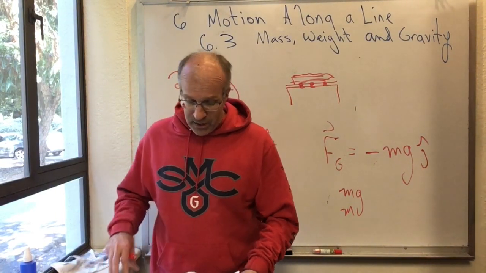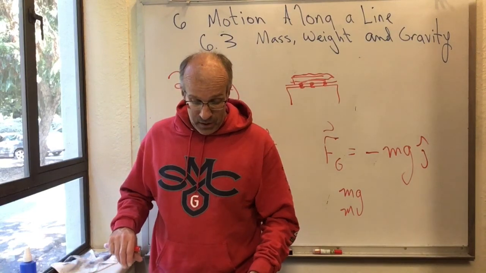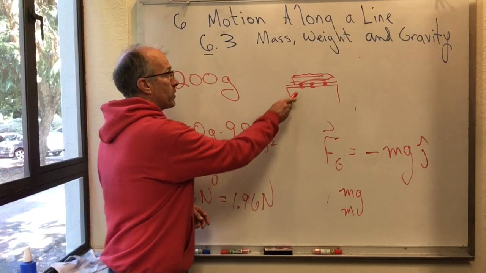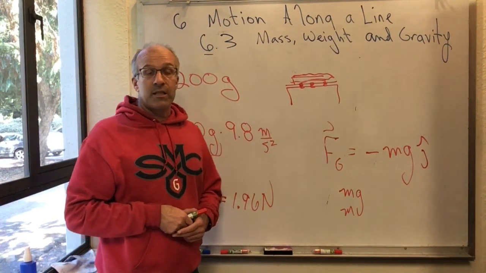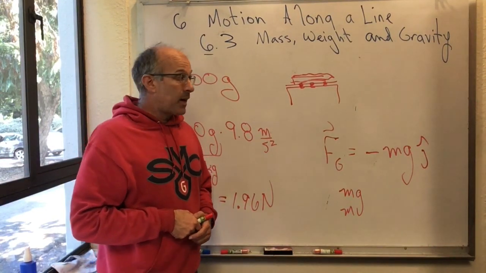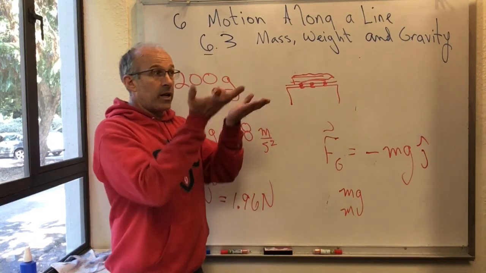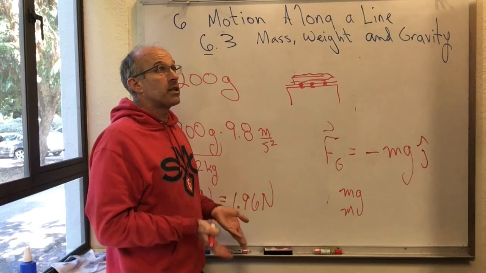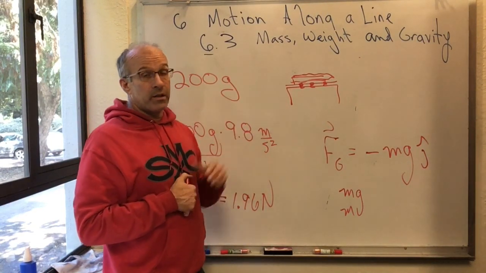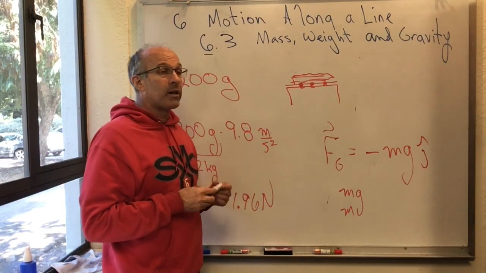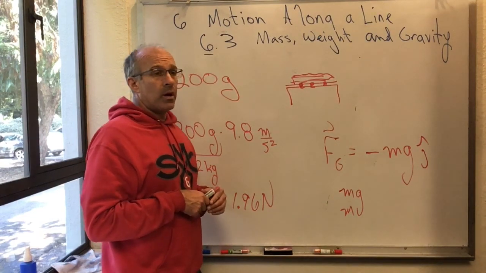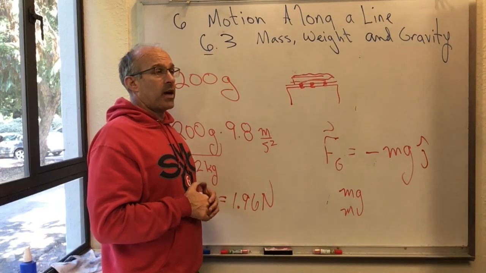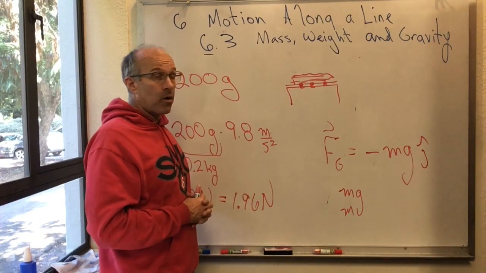And then he goes on and does another interesting thing, which is he tells you how your weight on a scale would change if you put that scale in an elevator and had the elevator accelerate either up, like if you were starting on the first floor of Galileo and accelerated up, or maybe you're on the second floor and you push the one button, the door closes, and you accelerate down.